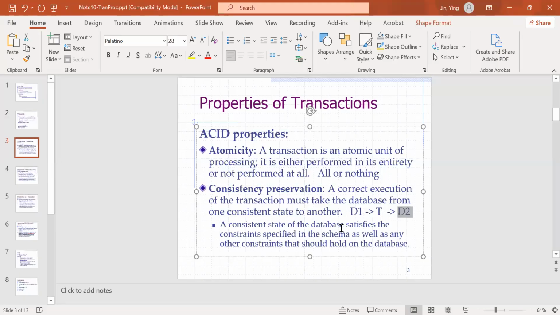What is consistent? A consistent state means the database satisfies the constraints specified in the schema. Where did we learn constraints? In the relational model chapter. We learned the constraints, like the key constraint, the domain constraint, and so on. We can define different constraints, and the database is consistent if it satisfies those constraints. This is consistency.